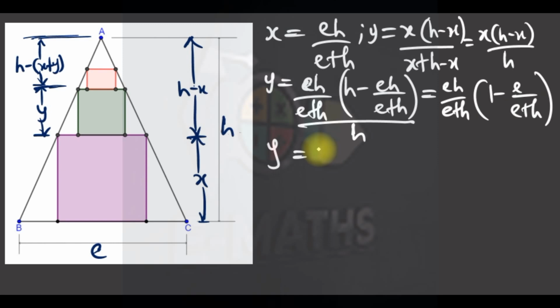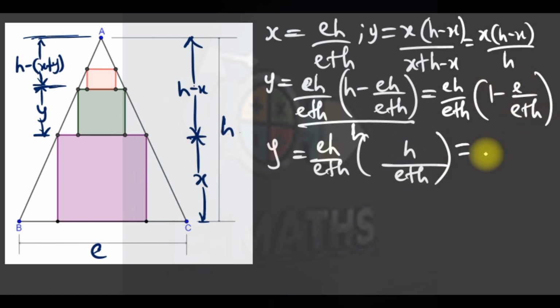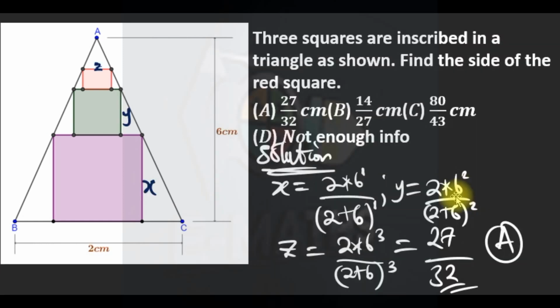The LCM is e plus h, and this minus this is h. So y is now equal to eh squared over e plus h all squared, as we used in the former equation. E is 2, h is 6. Do you see why we use this?